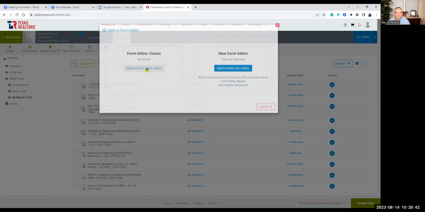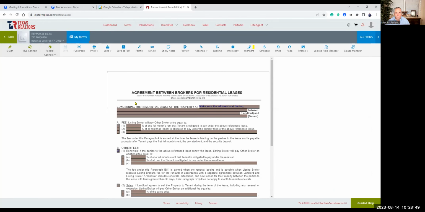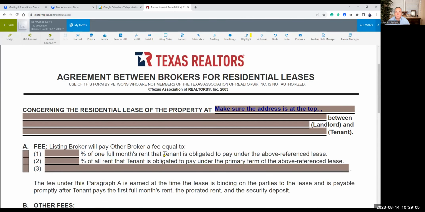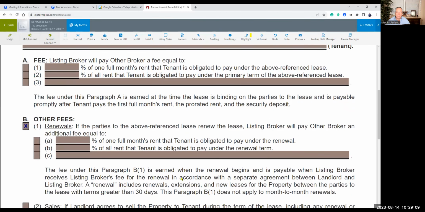And then speaking of leases, some of you are doing a lot of leasing. There's this form, and it's agreement between brokers for residential leases. We talk a lot about the broker to broker agreement or broker to owner agreement. And I want to bring this one in here so that you guys can see that it is here. It's agreement between brokers for residential leases. And one of the things on here, just like the broker owner, it talks about fees and everything.